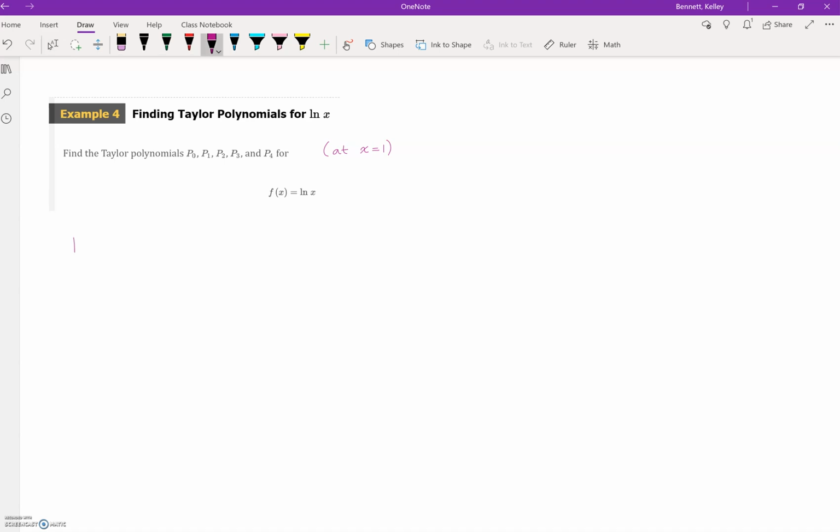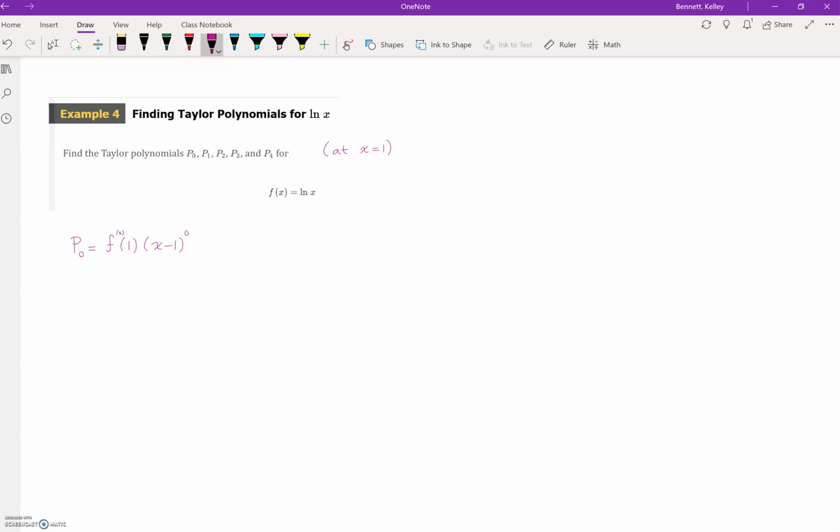So we know that P0 is just the 0th derivative, which is just the function itself, and we're evaluating it at 1. And then we also have to take x minus 1 to the 0.